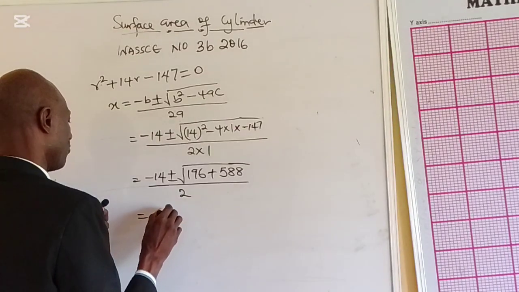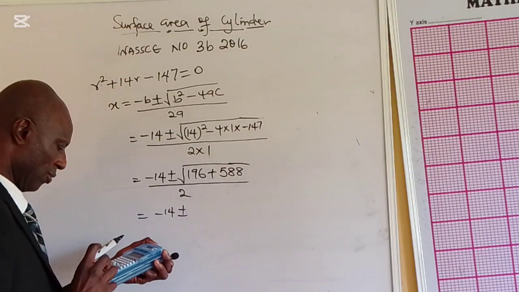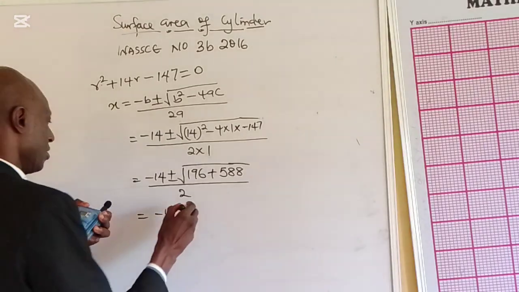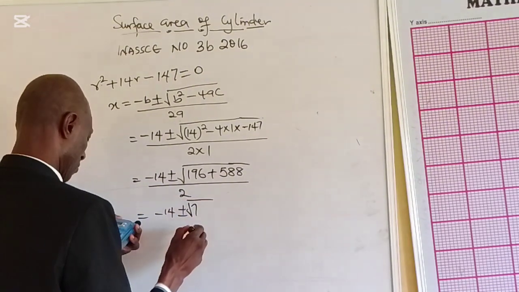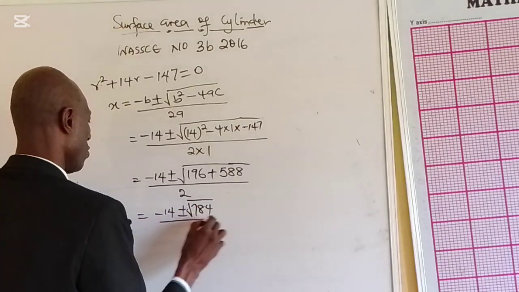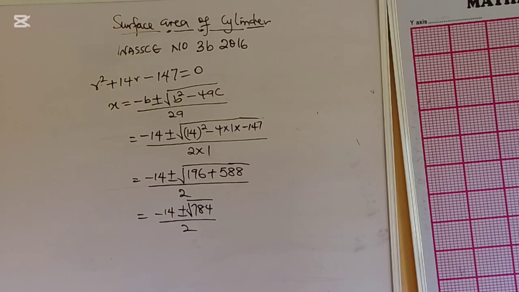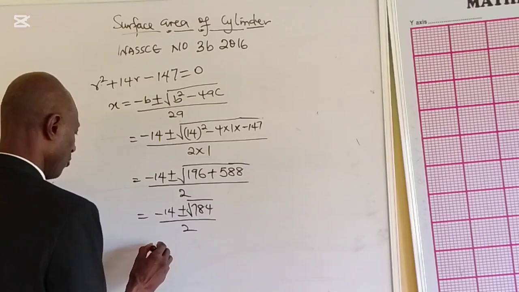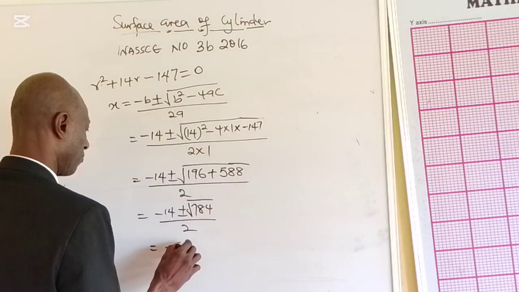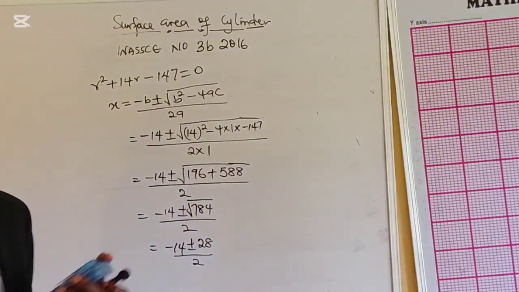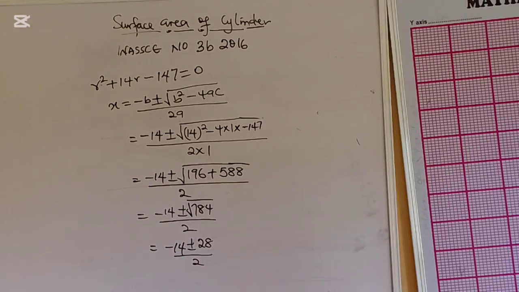So here is minus 14 plus or minus, when you add it to 196, it gives us 784 over 2. So this is to find the square root of 784, which is 28. So here is minus 14 plus or minus 28 over 2.